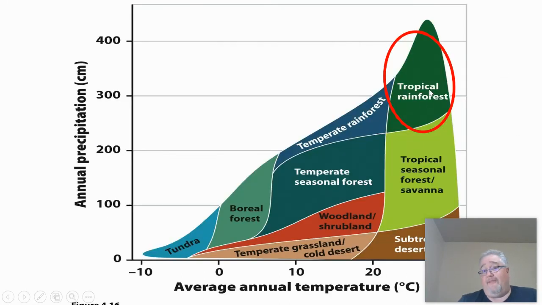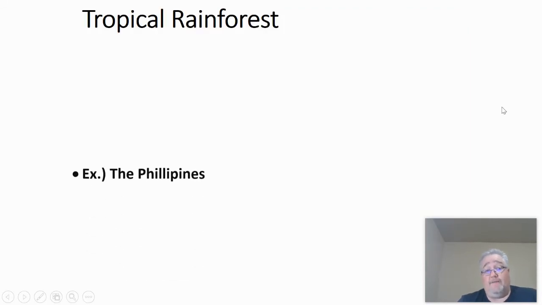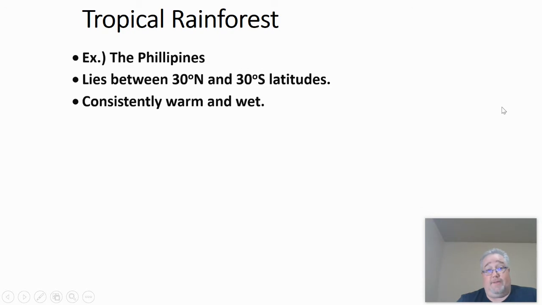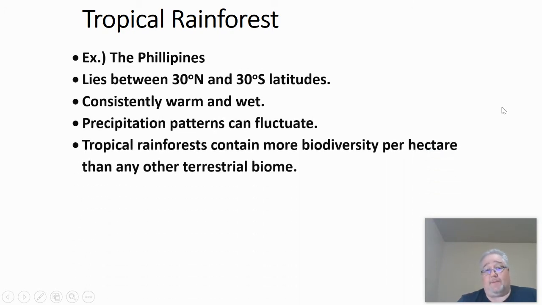Tropical rainforest by far is the warmest and gets the most precipitation of any biome. The Philippines, for example, this is a place that is always warm, always wet, never freezes, never snows. Because there's so much moisture, it allows for a tremendous amount of plant growth.